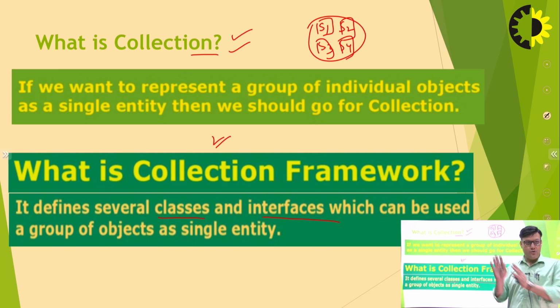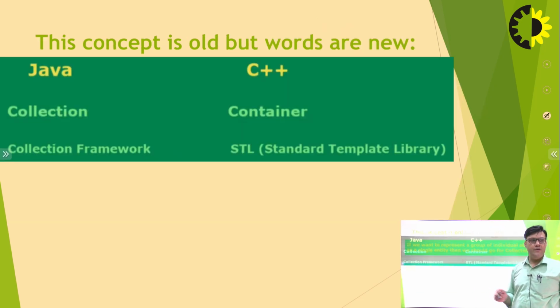So collection is just a representation of a group of individual objects as a single entity. Whenever we want to use these individual objects which are represented in a group, we need some classes and interfaces, we need some support, and that is given by this collection framework. So this collection framework consists of a number of classes and interfaces through which we can use these groups of objects. Okay, so let me move forward.